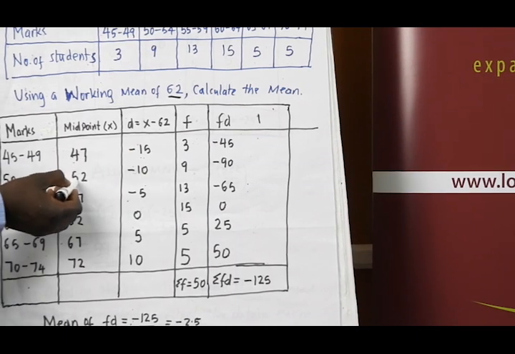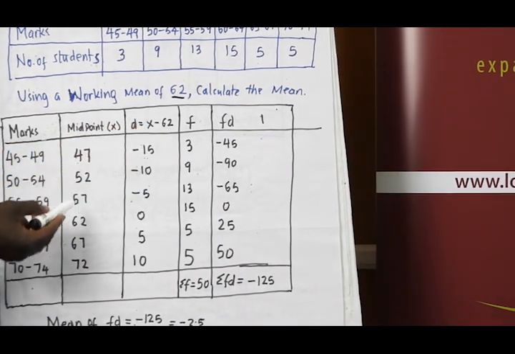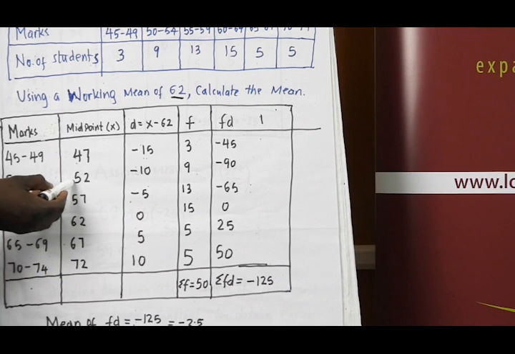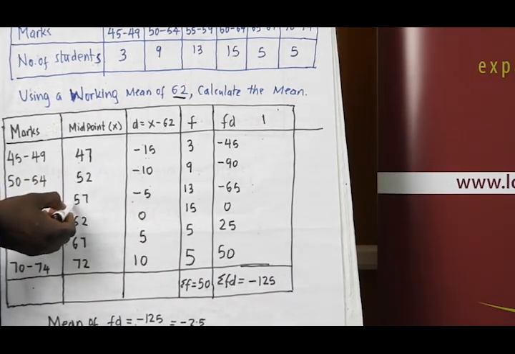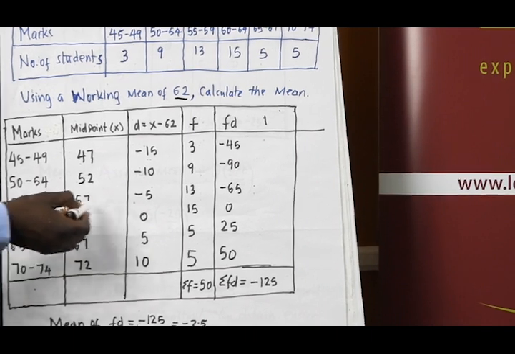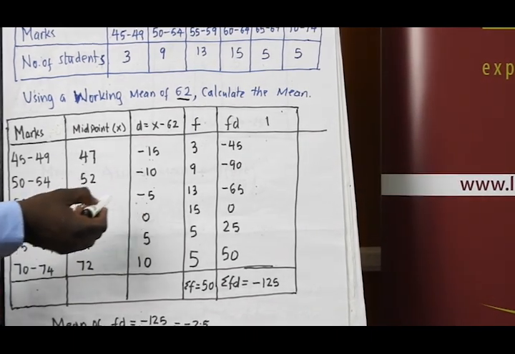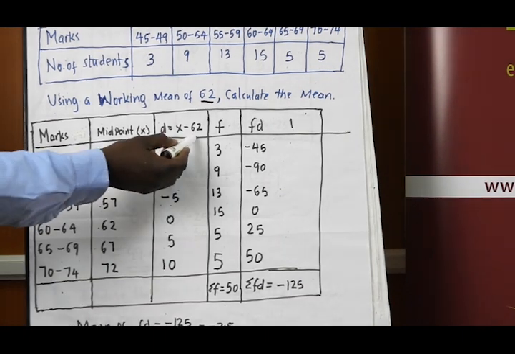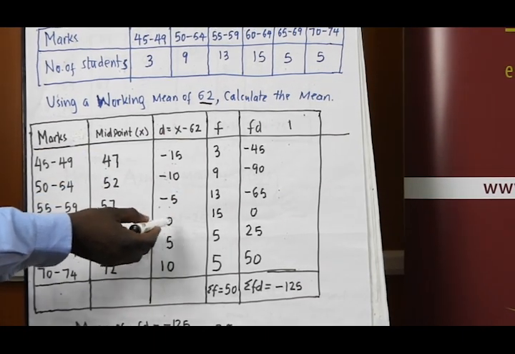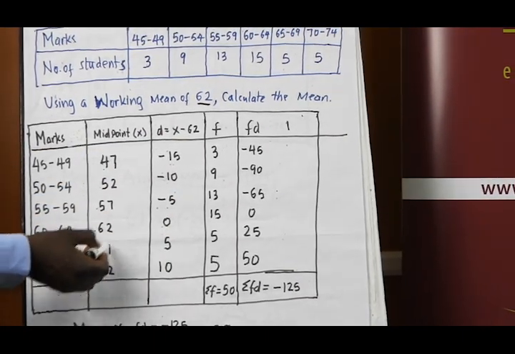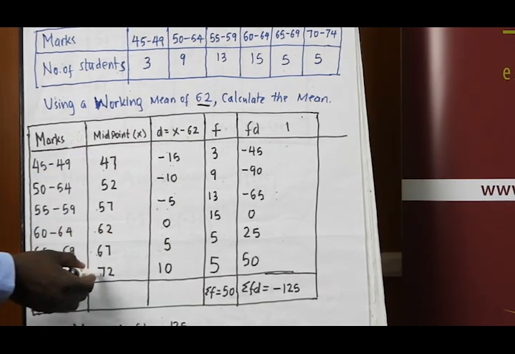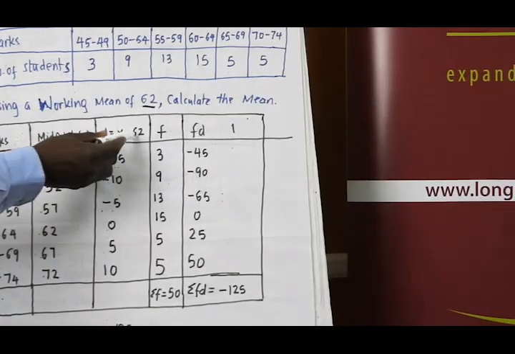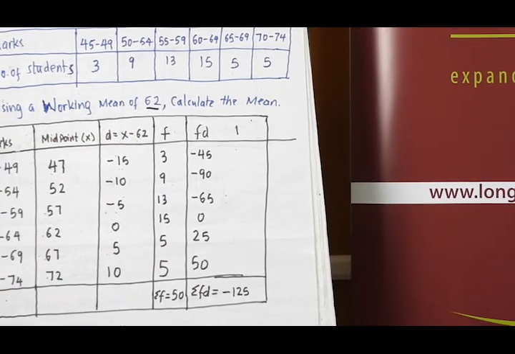The next one is 52 minus 62, that gives us negative 10. The next one is 57 minus 62, that gives us negative 5. The next one is 62 minus 62, that gives us 0. The next one is 67 minus 62, that gives us 5. And the last one is 72 minus 62, that gives us 10.